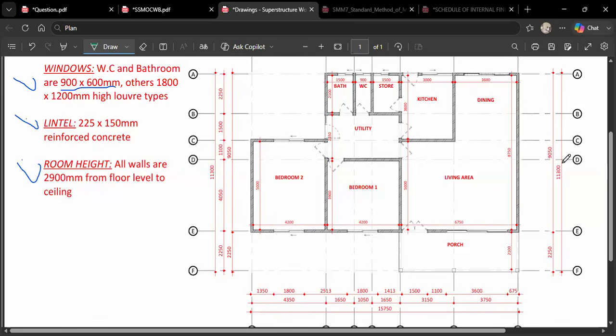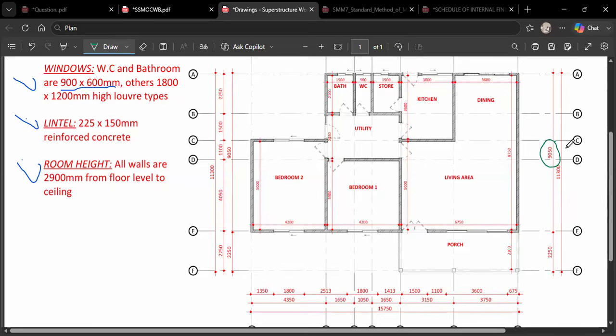You see that this whole value over here is 11,300. I'm going to subtract the porch from it. Or better still, we can take this value: 9,050 millimeters.